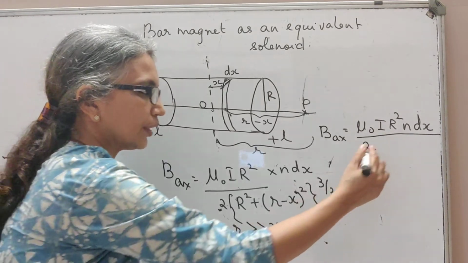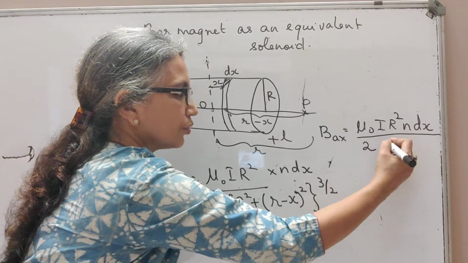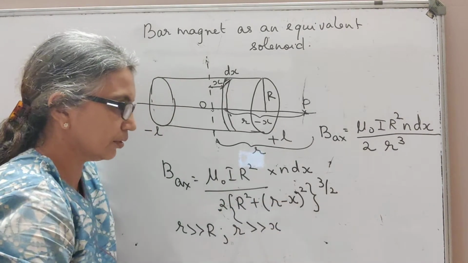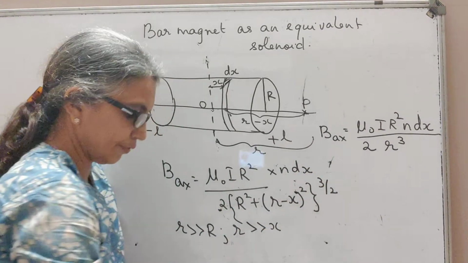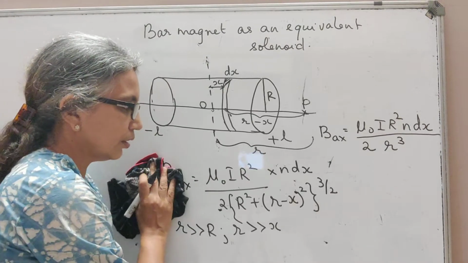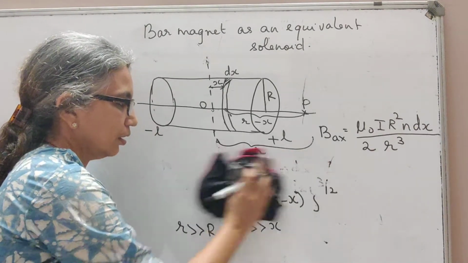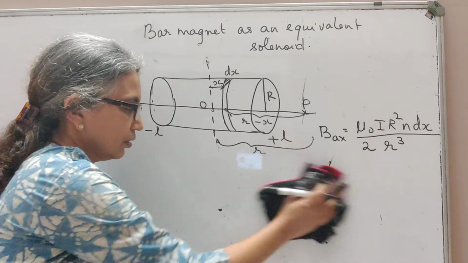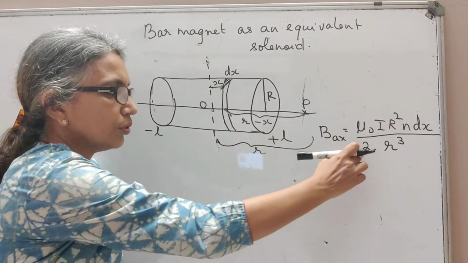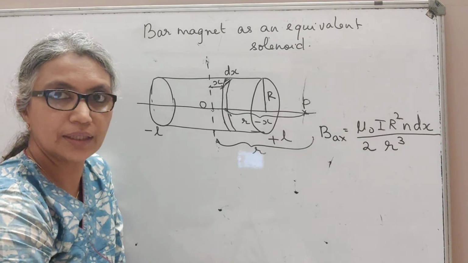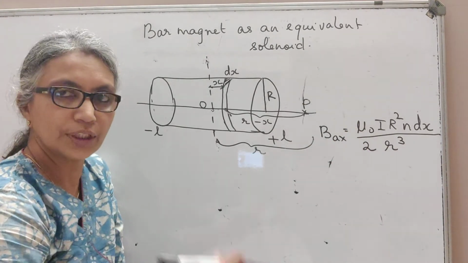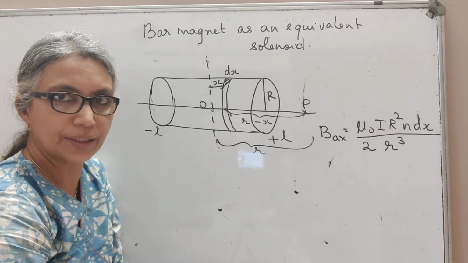So that 2 and 2 will get cancelled, and we have 2r cube because we neglected this and this. Okay. So then we have from there, I told you I want the constant in magnetism to be mu 0 by 4 pi. So I need to multiply by 2 pi and divide by 2 pi.